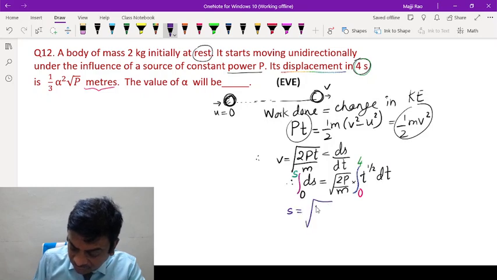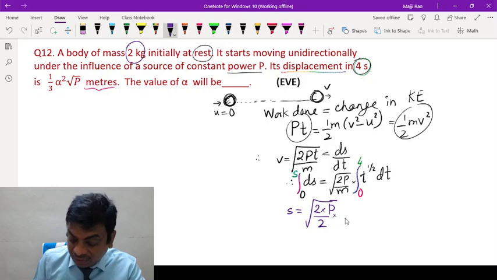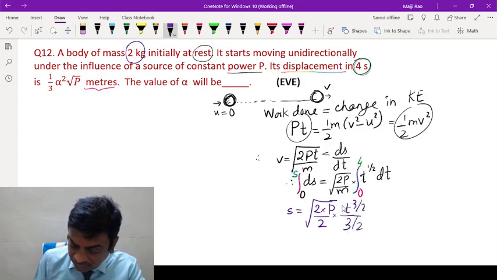So under root, 2P by m, and m is 2, t to the power half. The integral of t to the power half is t to the power 3 by 2 upon 3 by 2, integrated with limits 0 to 4.